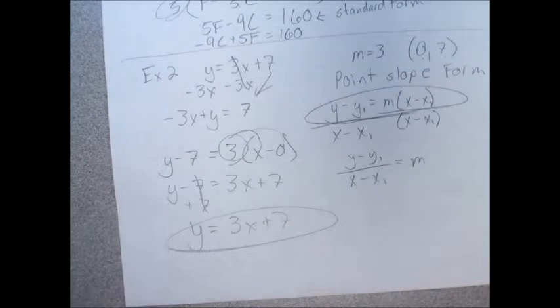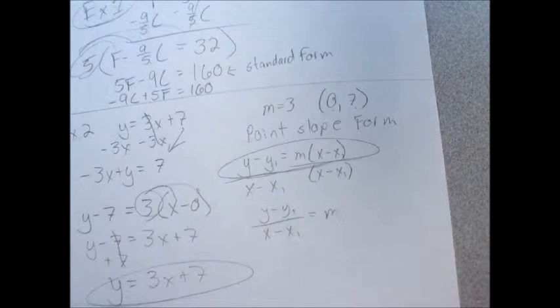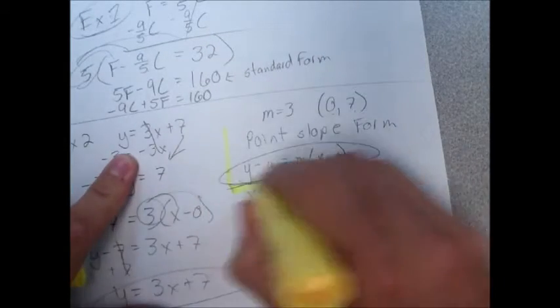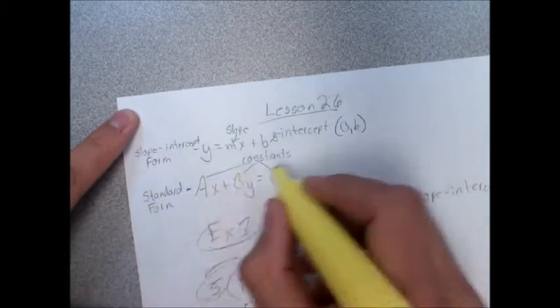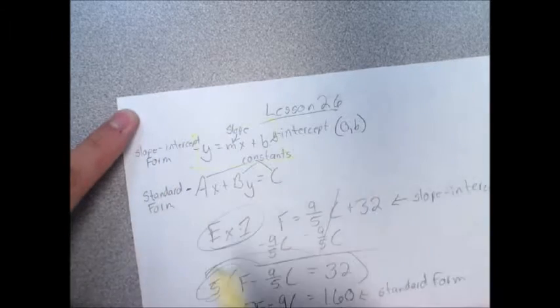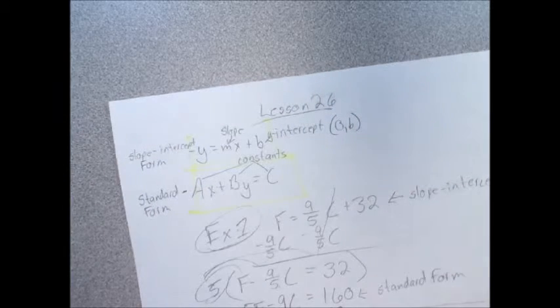Any questions there? So you now have 3 equations. You have point slope form. Okay, you have this guy right here, point slope form. You have slope intercept form. I shouldn't have said equations, I meant forms. And then you have standard form. So you have 3 different ones that you're going to need to know and use, and how to convert from one to the other.